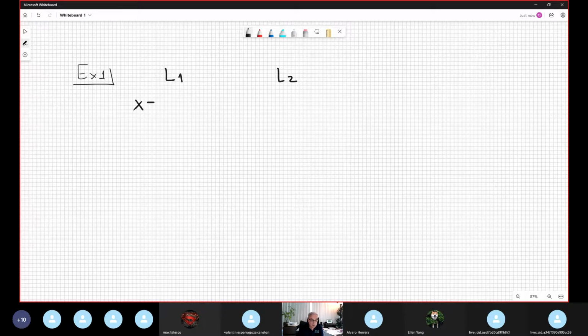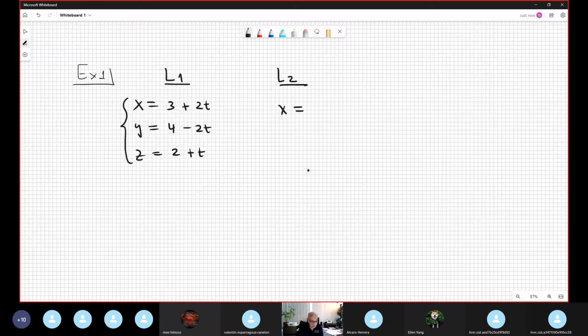It's given the parametric equation for each line: x equals 3 plus 2t, y is equal to 4 minus 2t, and z is equal to 2 plus t. This is the set of parametric equations for line number 1. I suppose that t is a real number from negative infinity to positive infinity. Not always, but sometimes, if you want to define a segment instead of a line, you put a restriction on the domain.